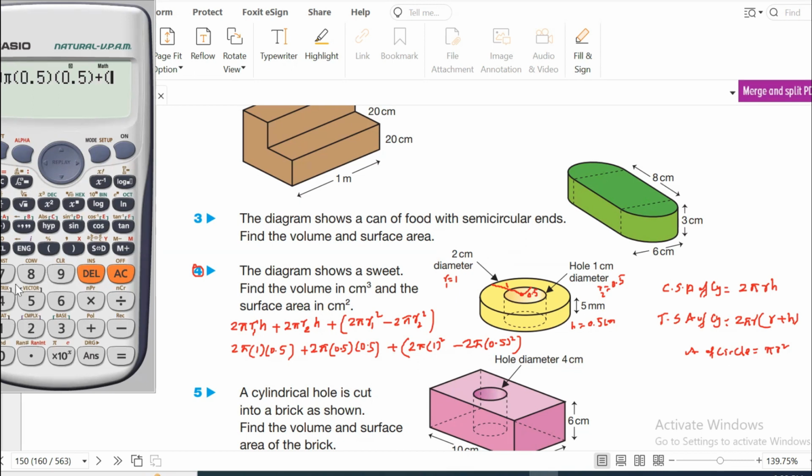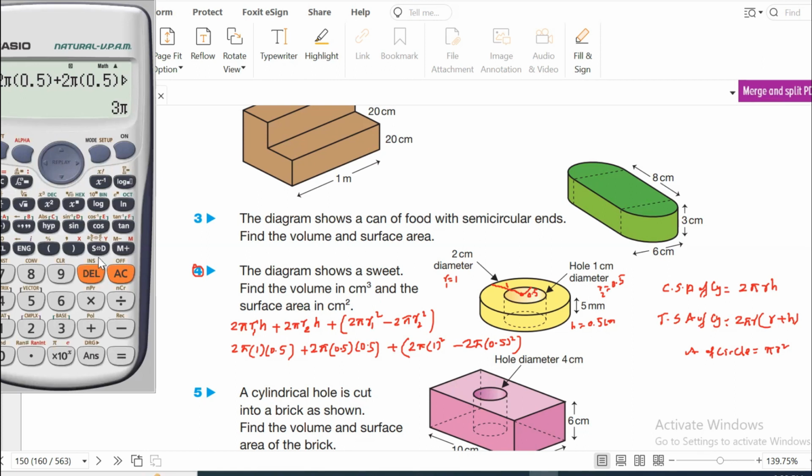Now we have 2 shift pi and 1 square, no need to write 1, minus 2 shift pi bracket open, 0.5 square, bracket close.